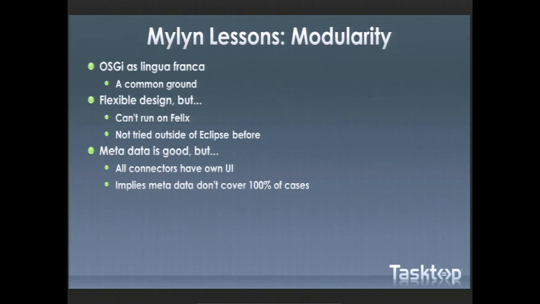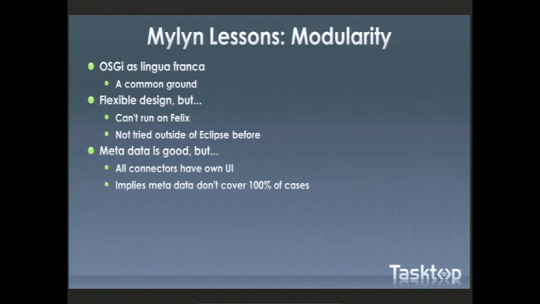So basically we had to implement the Equinox support. That's especially because the Eclipse libraries really require Equinox. And of course, nobody tried to use Felix outside of Eclipse before, definitely not in another GUI environment. So that was a bit of a challenge, but I think it's worth it.